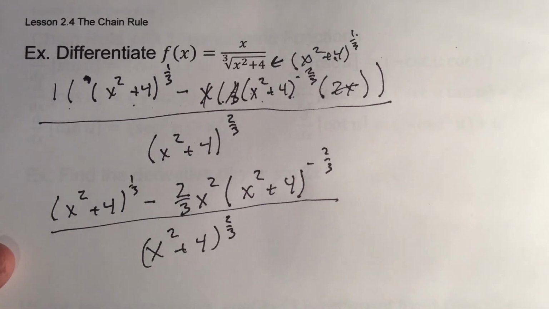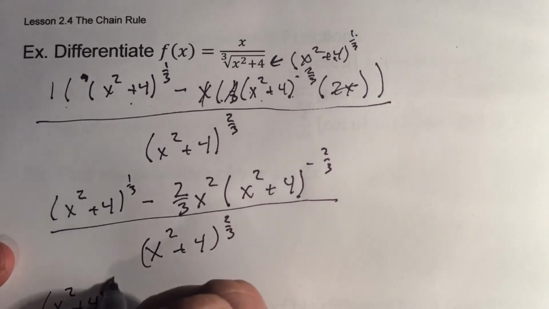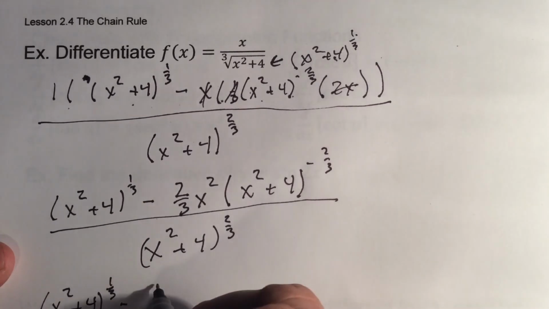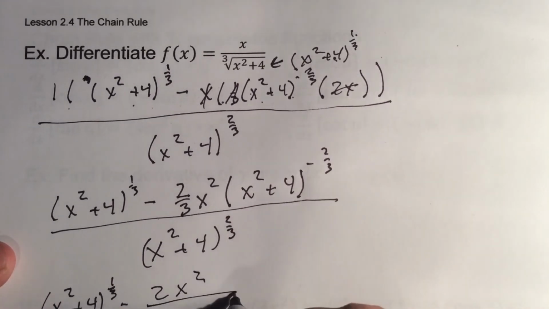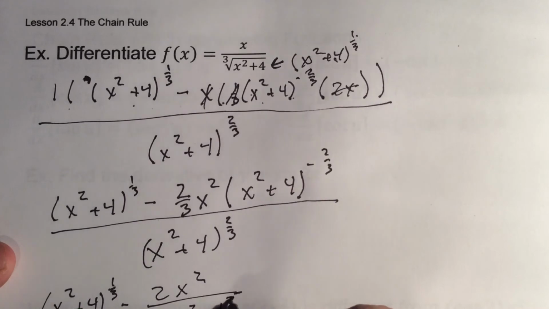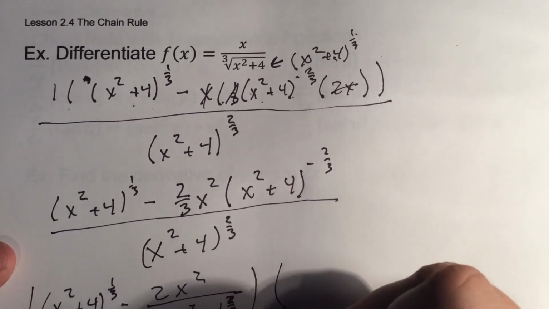I'm going to rewrite this top here as x squared plus 4 to the 1/3 minus 2x squared over 3 x squared plus 4 to the 2/3, and a set of parentheses.